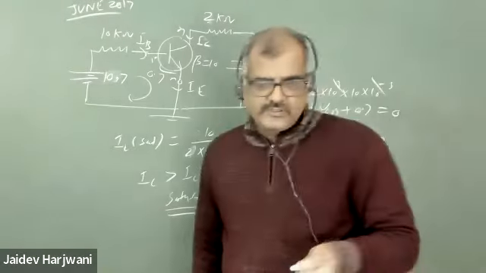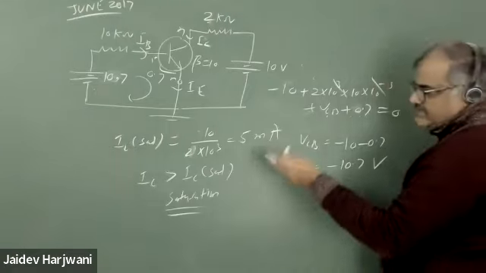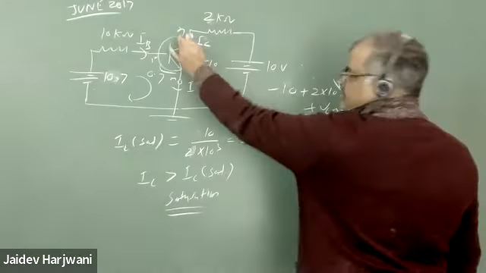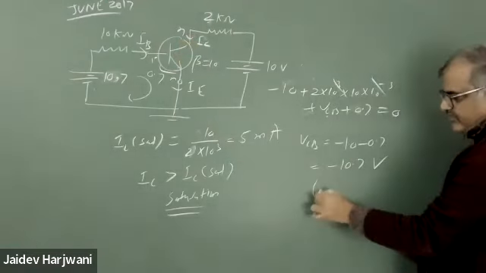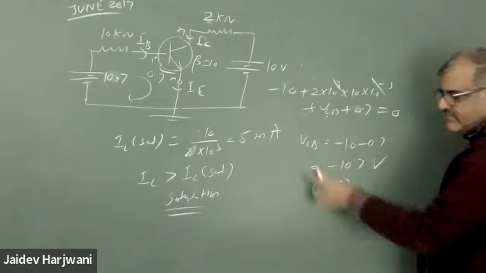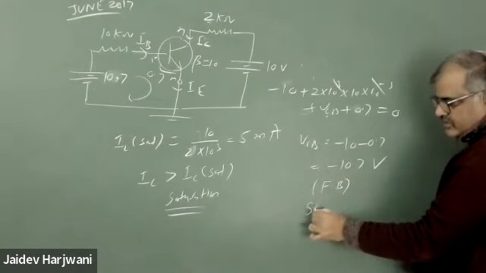Yes sir. So obviously when you take this IC value, this is coming minus. So this shows this is the forward biasing NPN transistor. So this is also confirming that the operation region is saturation.